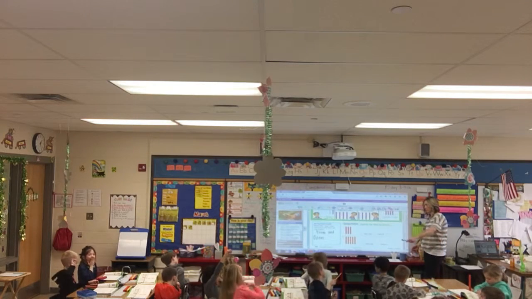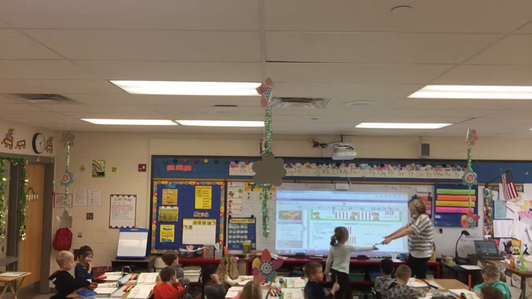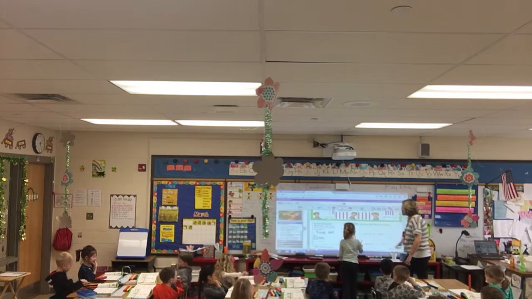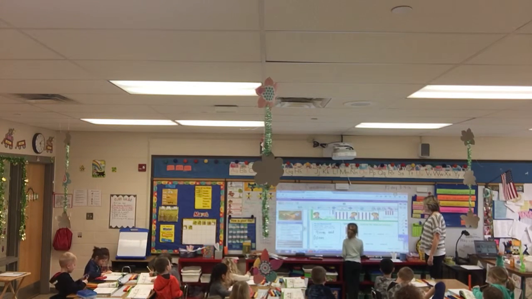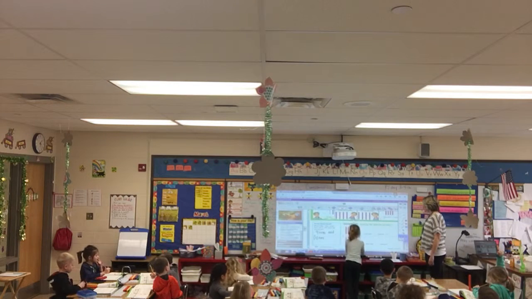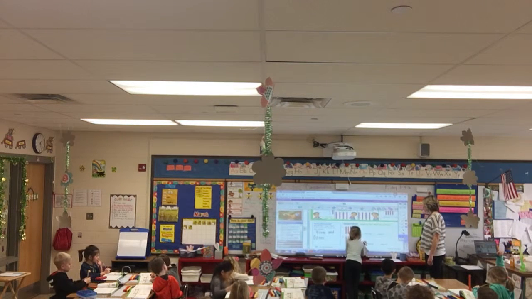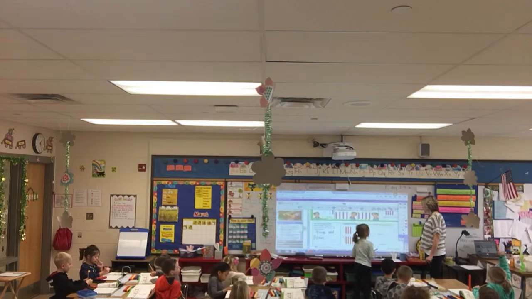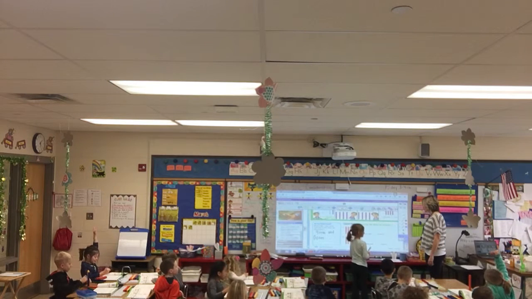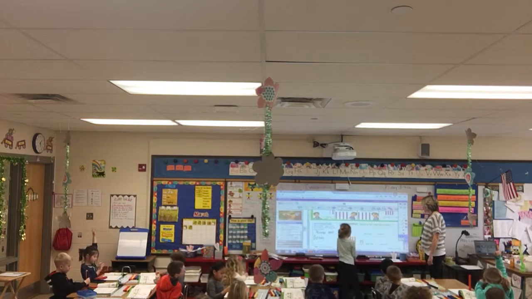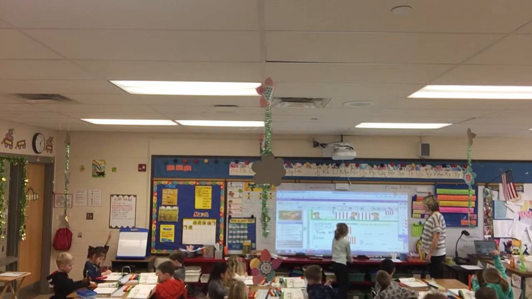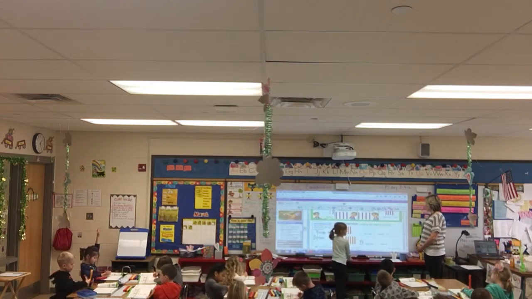Number 2. How many cubes of 10s do I have? How many ones do I have? I have 5 ones. Look up there. Do I have any ones? Do you see any ones? So then how many are there?